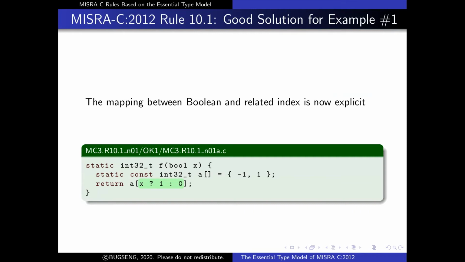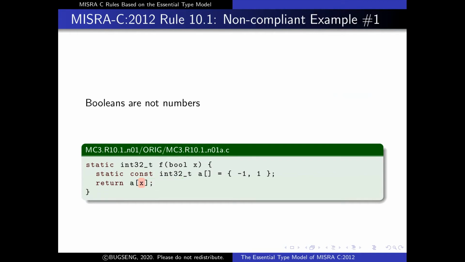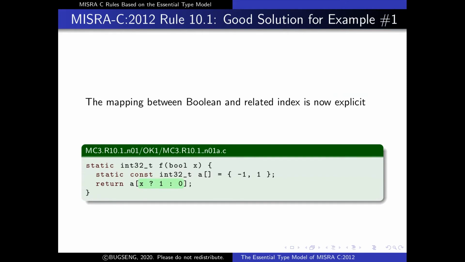I cannot tell you what is the solution, because the solution depends on the intention. Maybe this was a typo. It was not x that was meant here. Maybe it was y, which is a variable at file scope. So I cannot say what is the solution. If the intention was to address position 1 in case of x true or 0 in case of x false, this is the solution.